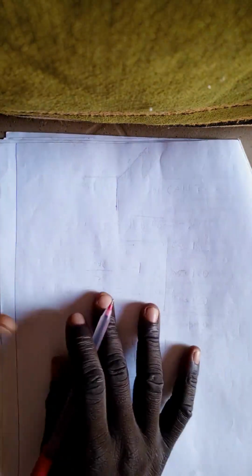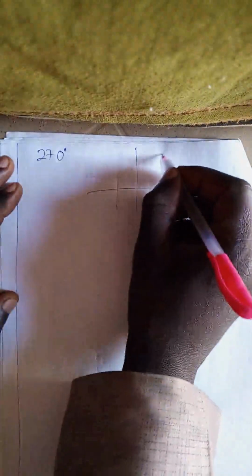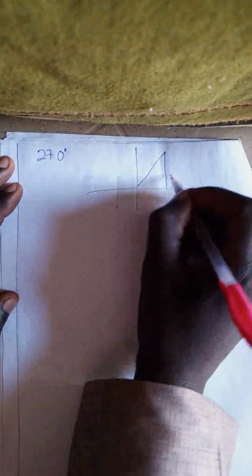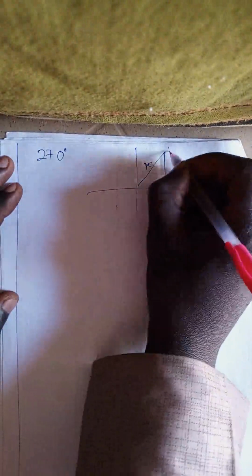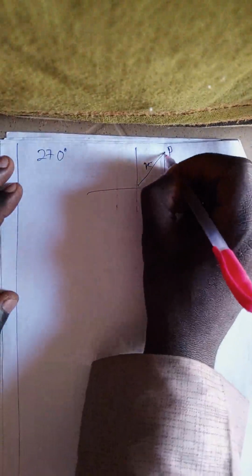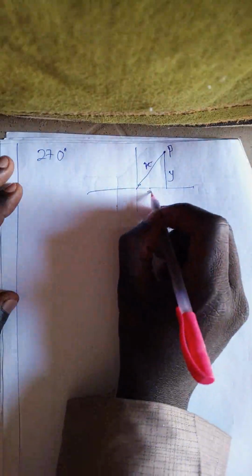Welcome back. We want to talk about the 270 degrees spatial angle. But now let's consider our diagram again. So here is y, here is x, here is r, here is the point P, and then here is x.